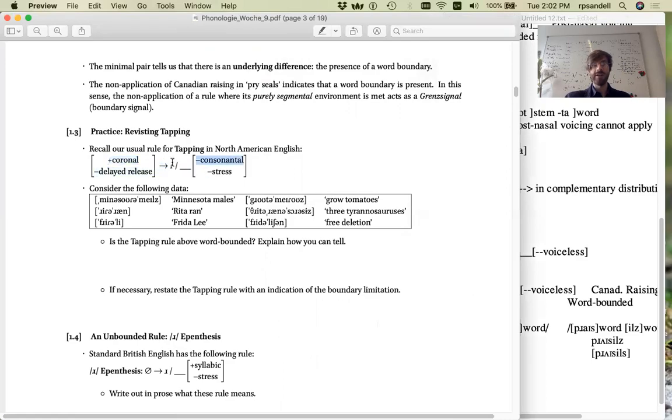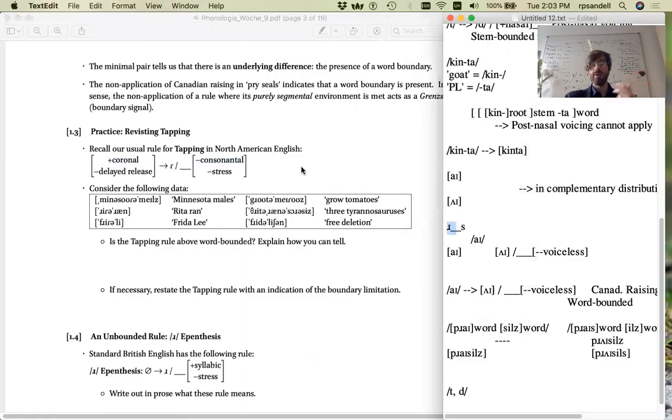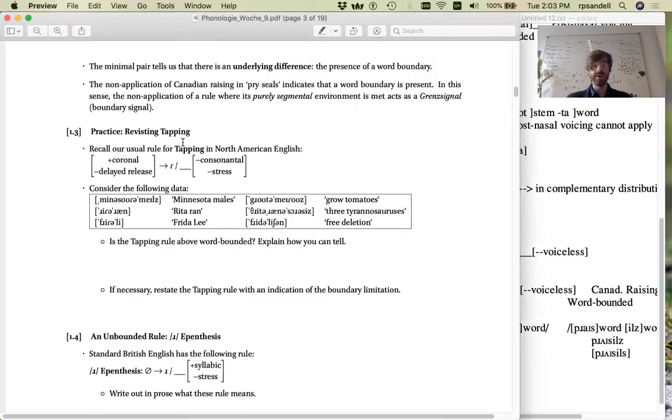And it becomes this alveolar tap, [ɾ], when immediately followed by a non-consonantal stressless sound. So non-consonantal sounds will include in North American English any vowels, glides, as well as the usual type of North American English rhotic, [ɹ], as also non-consonantal. And in case that following non-consonantal segment is unstressed, tapping will apply.